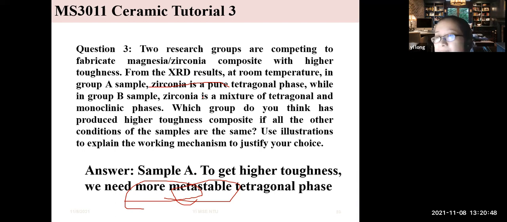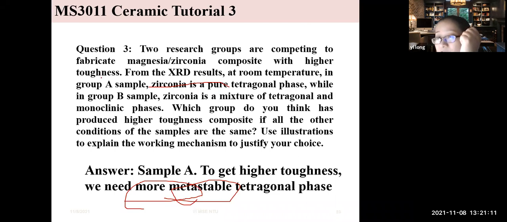So it's very, very difficult to get more and more pure tetragonal phase at room temperature, because this is not a thermodynamically stable phase.